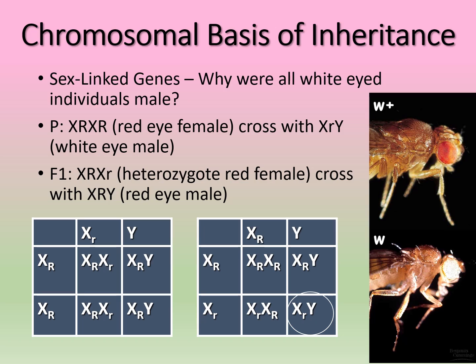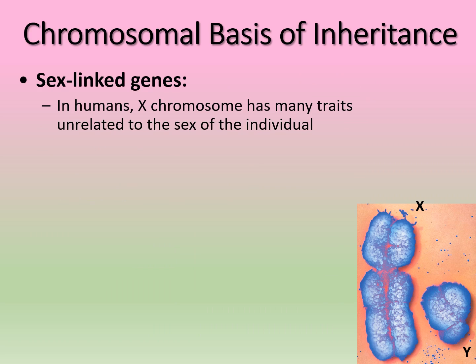One homozygote, one heterozygote. But here's where our white-eyed male comes, excuse me. So 50% of the males are going to be white-eyed, right? So you still get some red-eyed males, but there's where that white-eyed phenotype comes out, right?